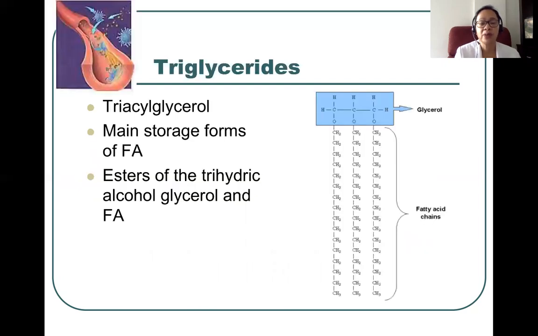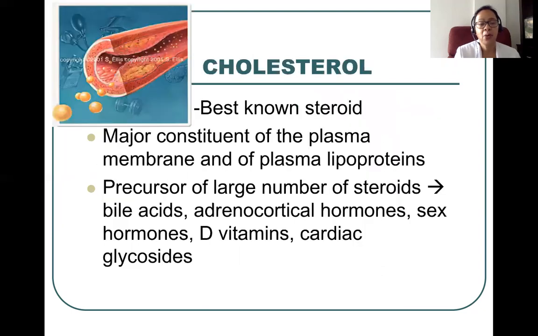So I will just mention here about triglycerides. I just want to emphasize that the major storage form of fat in the body is the triacylglycerol. They are esters of the trihydric alcohol, glycerol, and fatty acid. Whereas your cholesterol, they are the best known steroid.